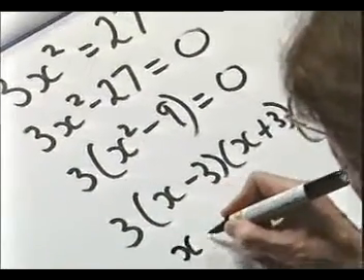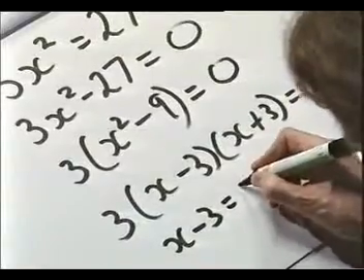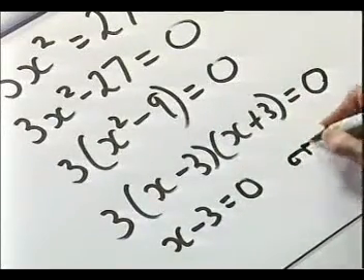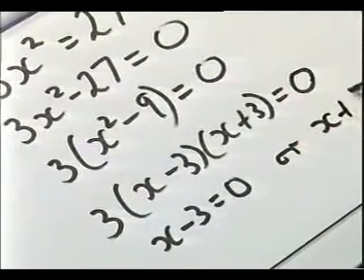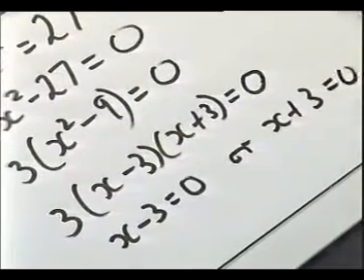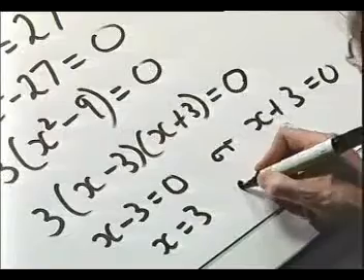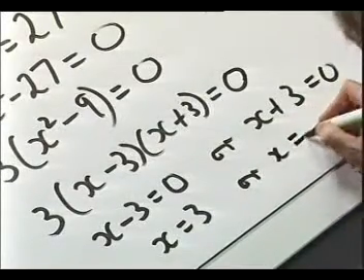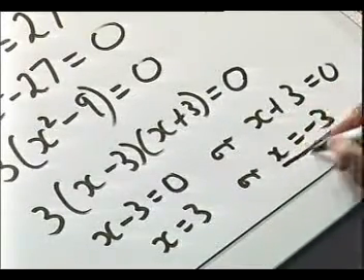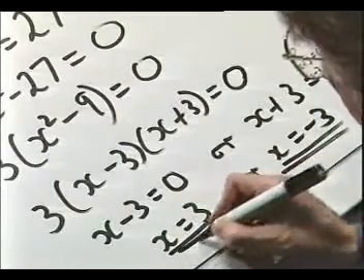So we have x minus 3 equals 0, or x plus 3 equals 0. So we end up with x equals 3, or x equals minus 3. Notice two answers. And that will be a theme that I will return to again.